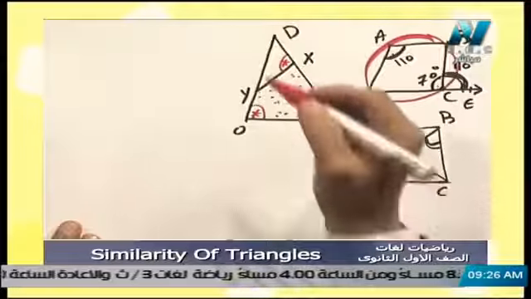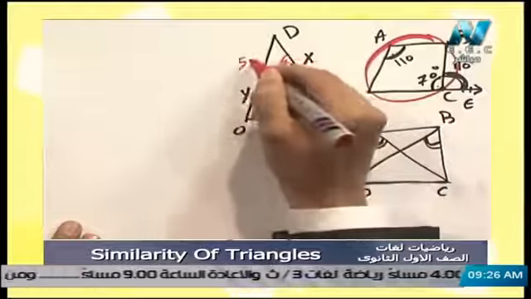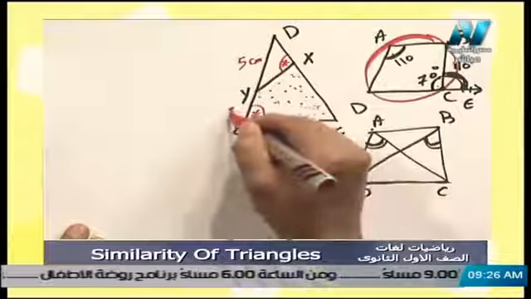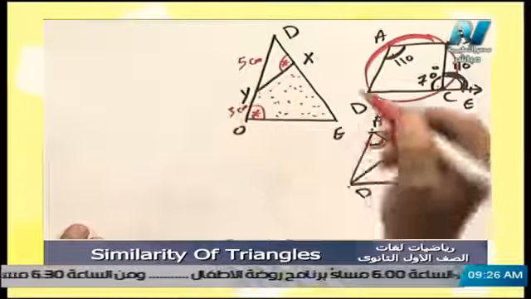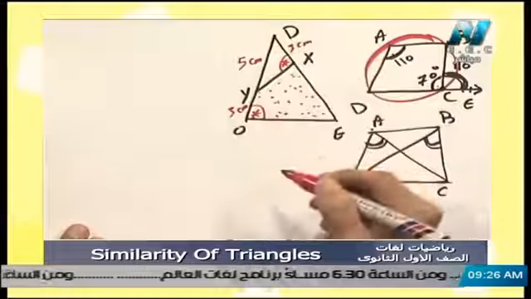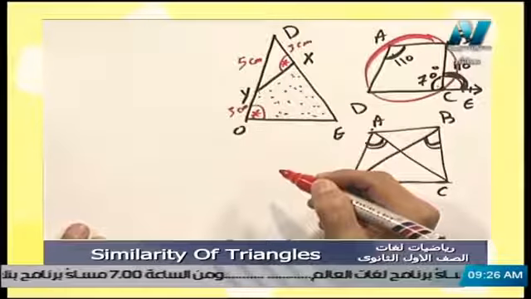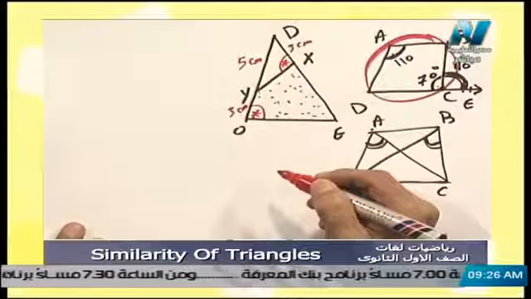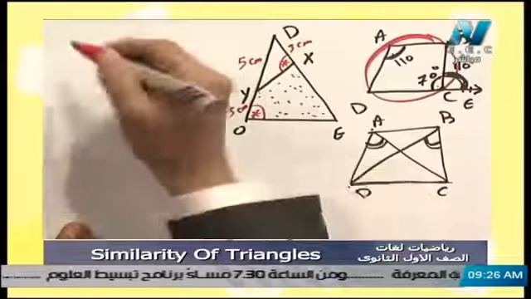Here we have DY is 5 centimeters and YO is 3 centimeters and DX is 3 centimeters also, and the request is to find the length of XE.